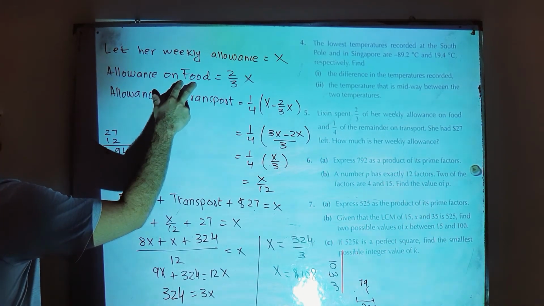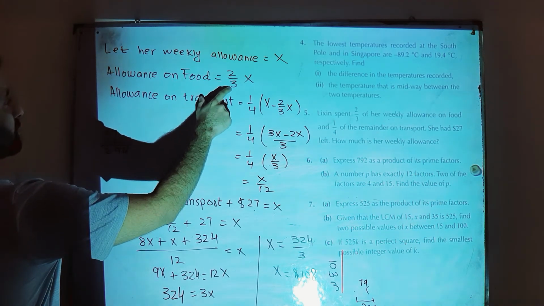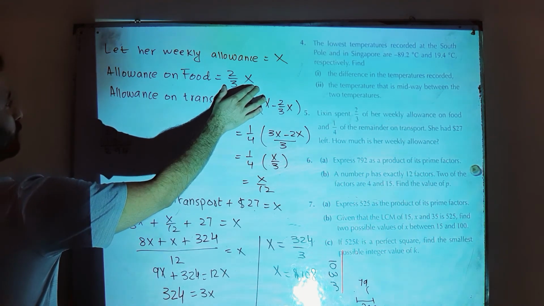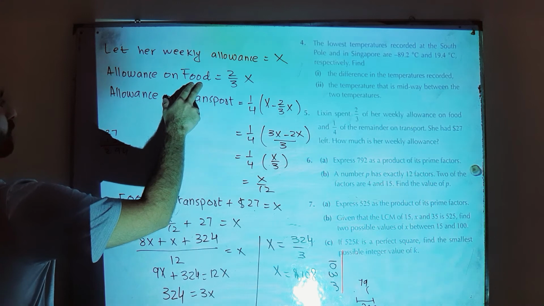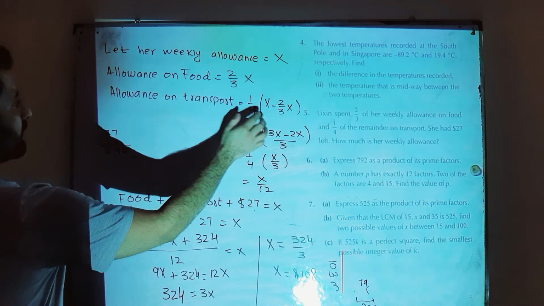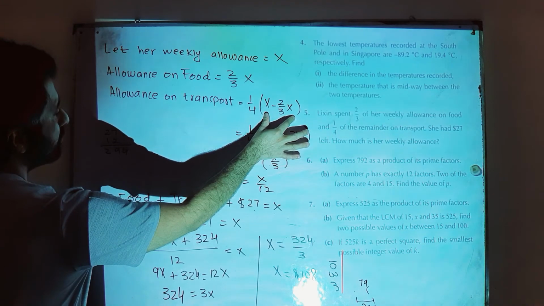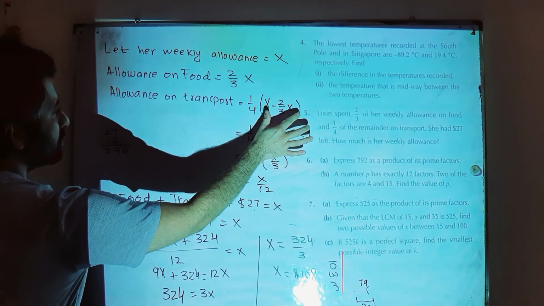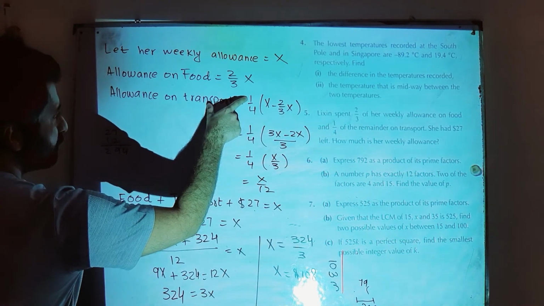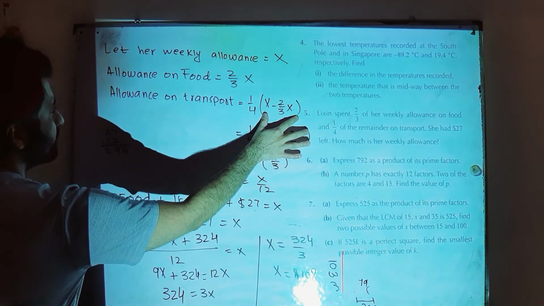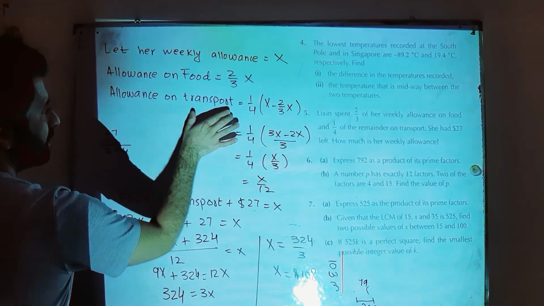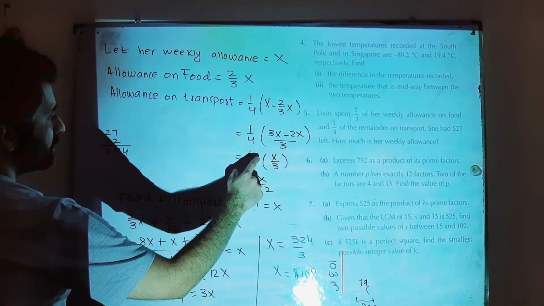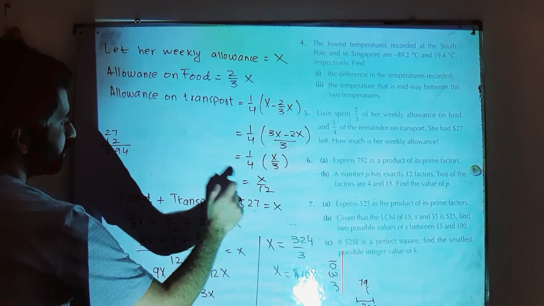Then the spending on food is 2/3 of x. After spending on food, she is left with x minus 2/3x, and 1/4 of the leftover is spent on transport. Take the LCM within the bracket: 3x minus 2x over 3, which is x over 3. So x into 1 is x, 3 into 4 is 12.